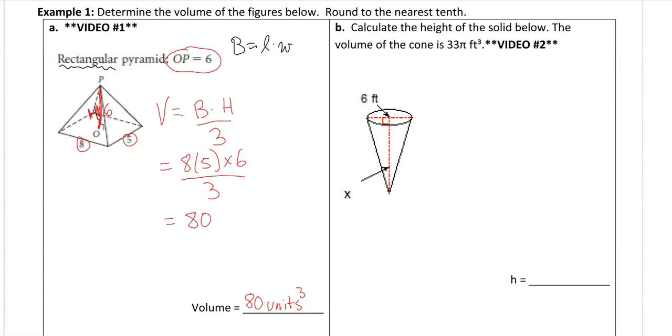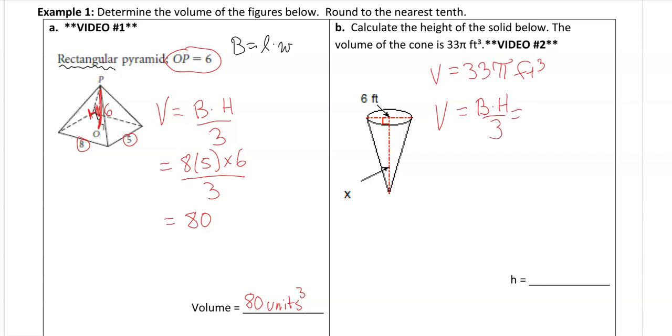Alright, let's go ahead and take a look at part B. This is one of our work backwards problems. It says calculate the height of the solid below. The volume of the cone is 33 pi feet cubed. So we know that V equals 33 pi feet cubed. We know that our formula is going to be area of the base times the height divided by 3.